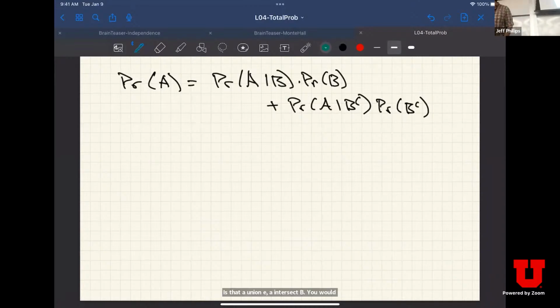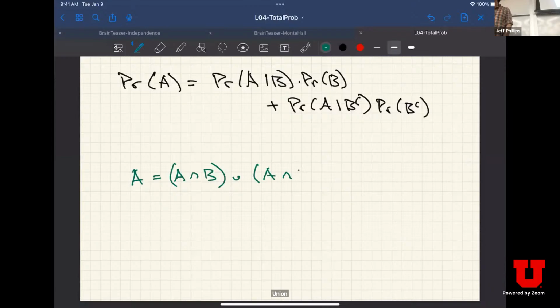So A is equal to A intersect B union A intersect B complement. This is the set rule, and we can write A as this union of the things. Union means that if they're disjoint, we can add them.